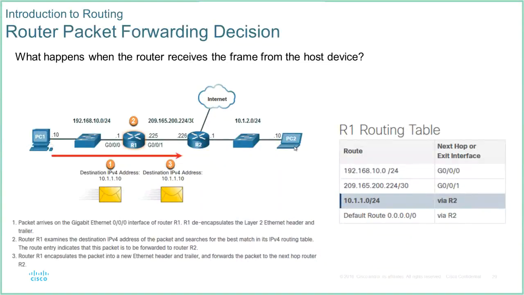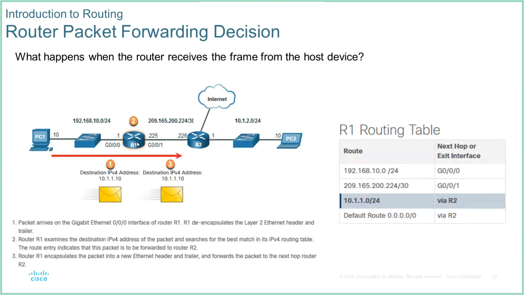To get there, we need to have a host forwarding table that says to forward it to my gateway. Then router 1 will pick it up and look at the IP header and look at the destination network.